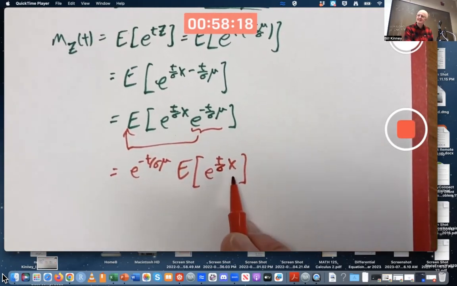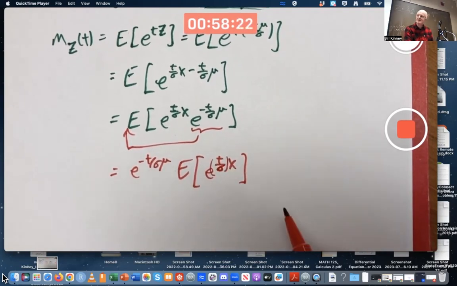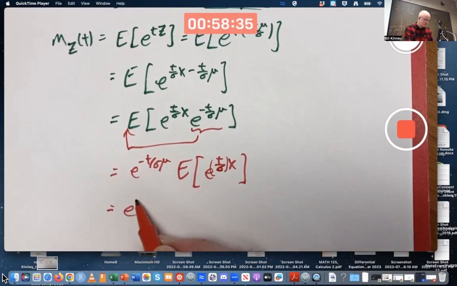We do have a plain X there by itself next to this t over sigma. If that were just a t instead of a t over sigma, this would be the moment generating function for X, right? Oh, what do you do about that sigma though?